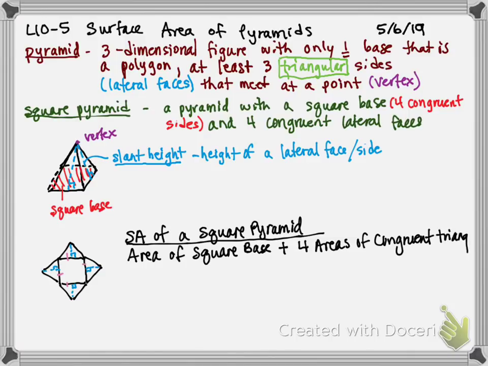So technically, I only have 2 unique calculations I need to make. Okay? So I'm going to go to the next screen, and let's go ahead and do 2 examples of this.